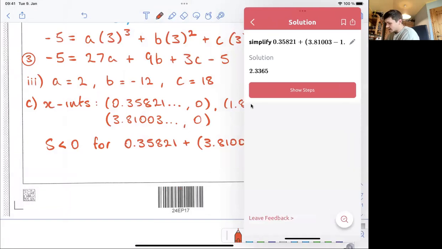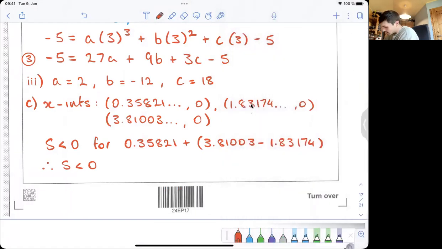And so in conclusion, we'll round that to 3 significant figures. So therefore, S is below 0, aka they are in debt. The student is in debt for 2.34 years. Cool. And there is the answer to part C.